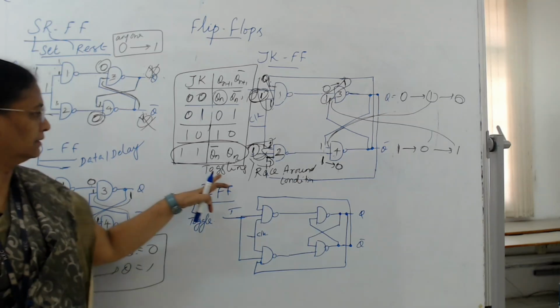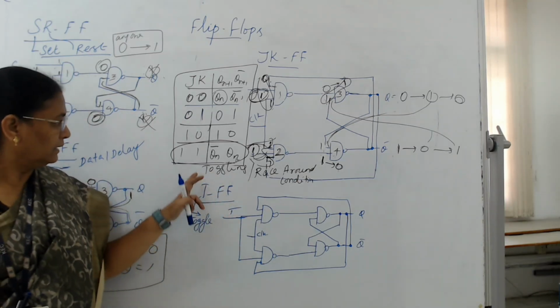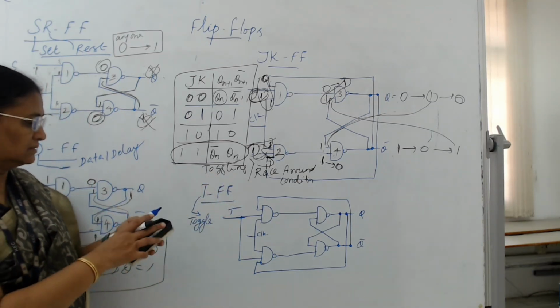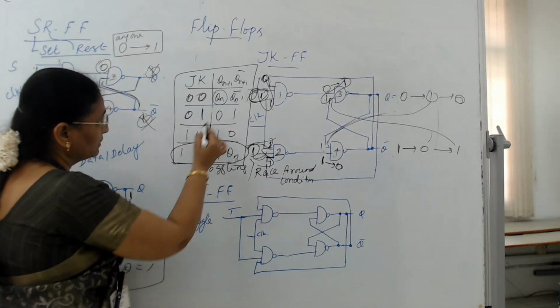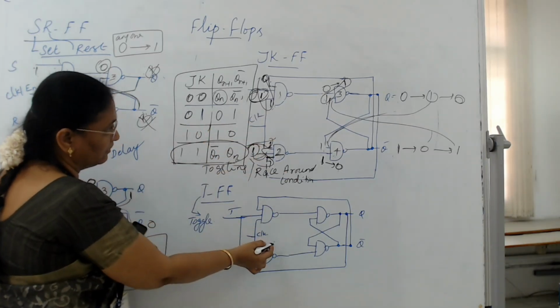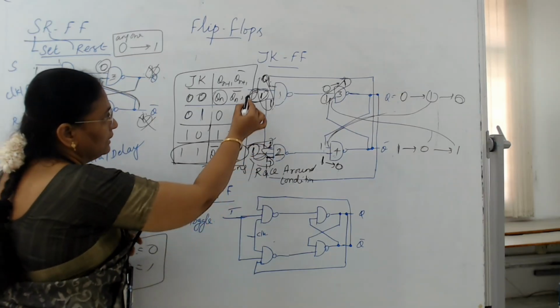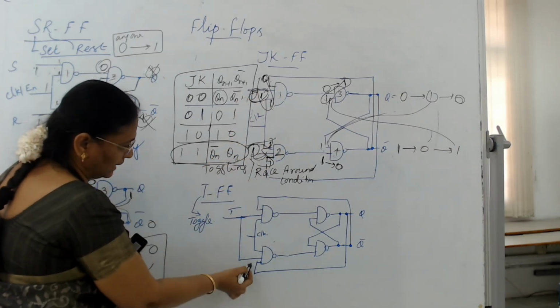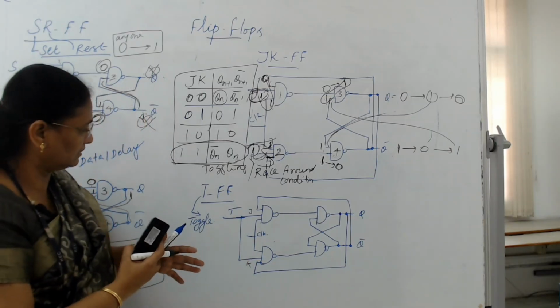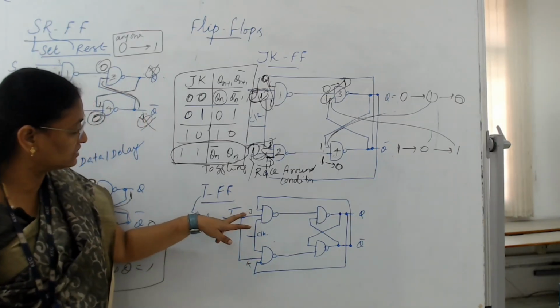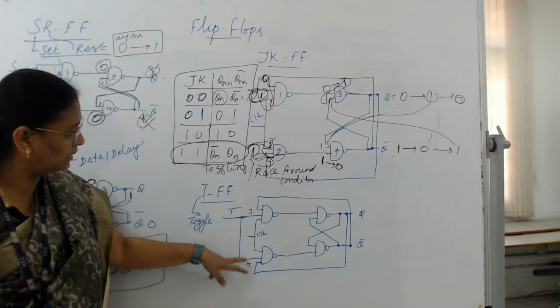Then here is the toggle flip-flop. It is similar to the JK flip-flop. The only difference between the JK and T flip-flop, in the case of the diagram, is that J is tied together with K. Here this is J, this is K. Initially we have two options, either J may be 0 or 1, or 1 or 0.